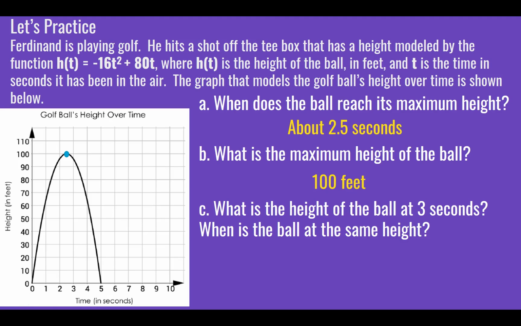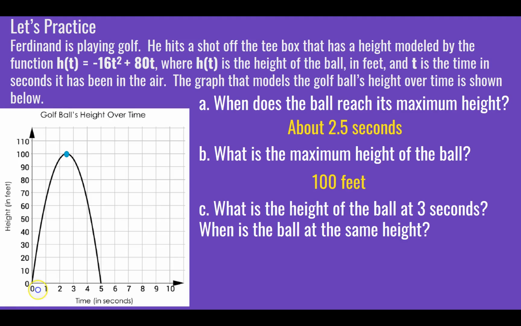All right. Since this table moved on, Rory, what is the height of the ball at 3 seconds? Hold on. Rory, what's the height of the ball at 3 seconds? I put 65.